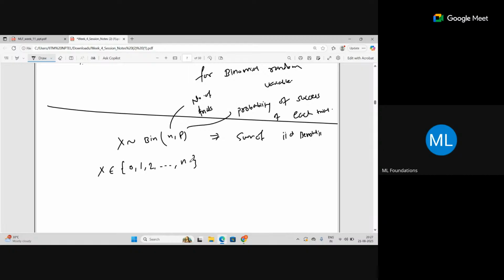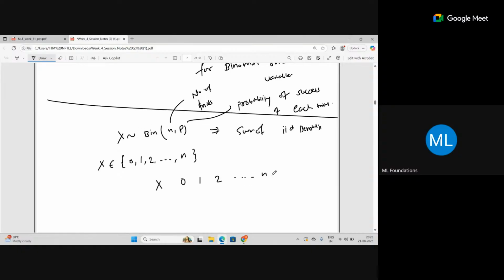It will always be either 0 successes, 1 success, 2 successes or 3 successes, and the maximum successes we can get in any binomial trial is n. Fine.